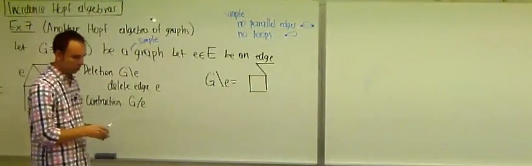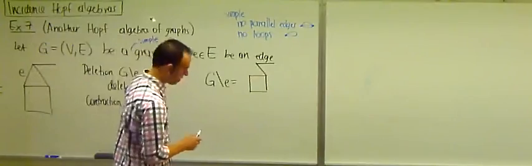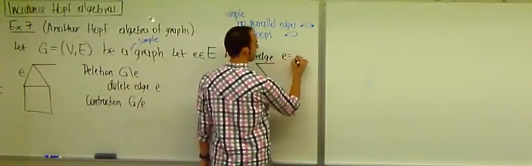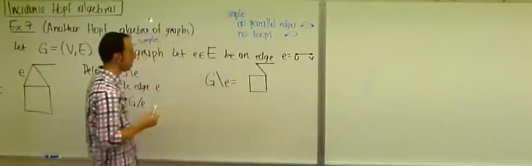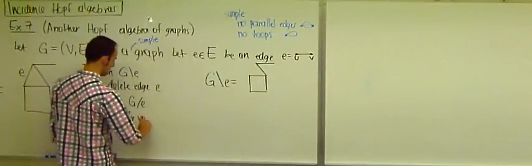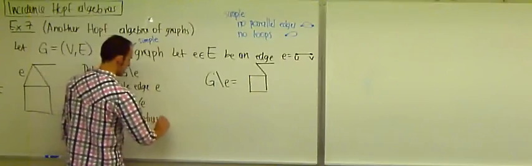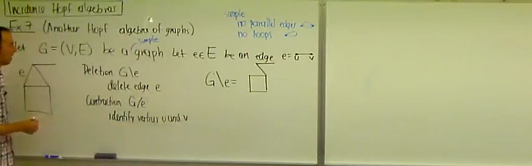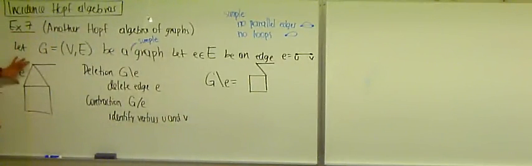And so let's say that E joins U and V. What you're going to do is identify vertices U and V. Let me do it in two steps.